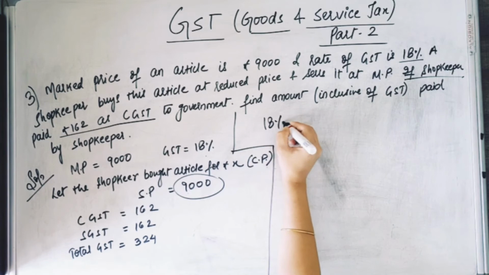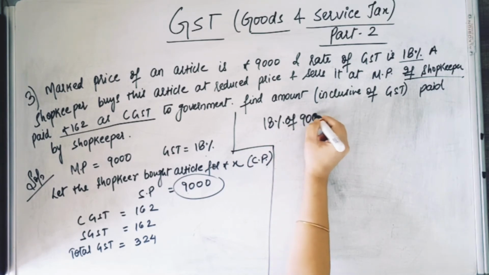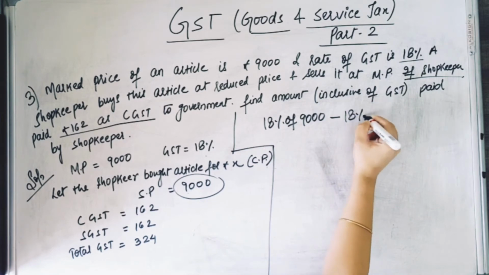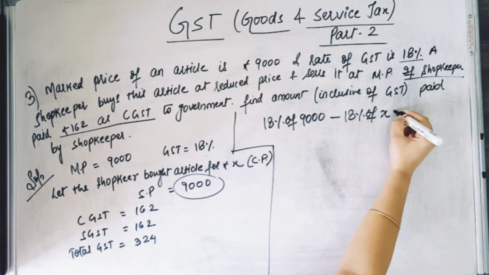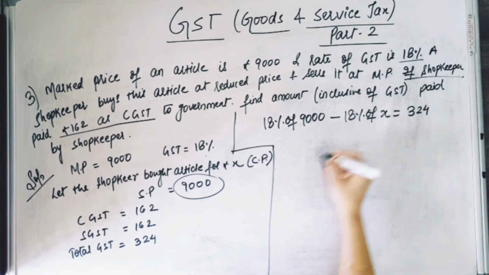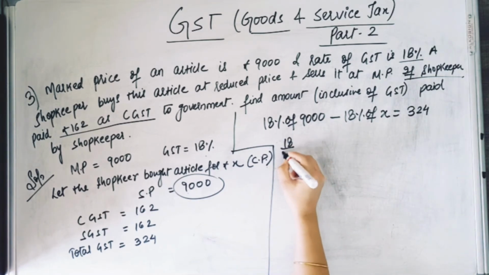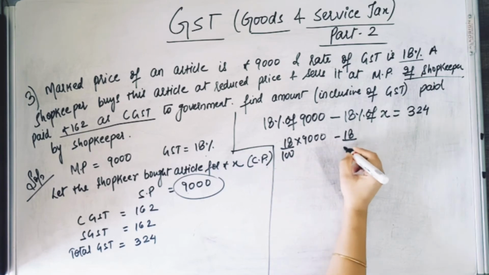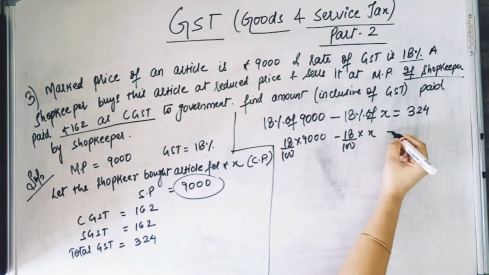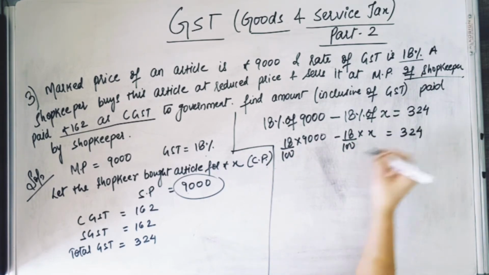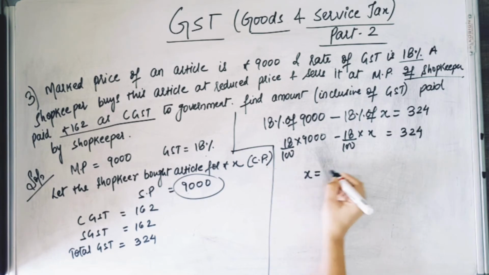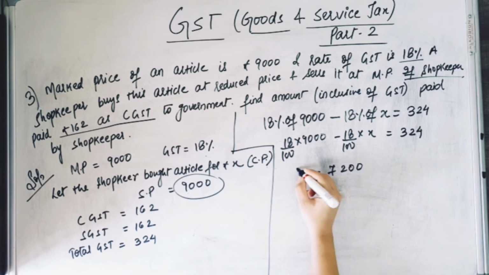So 18% of 9,000 minus, this is output tax, 18% of X. This is equals to what? 324. So 18 by 100 into 9,000 minus 18 by 100 into X is equals to what? 324. Thus when we'll solve it, we'll get X is equals to what? 7,200.